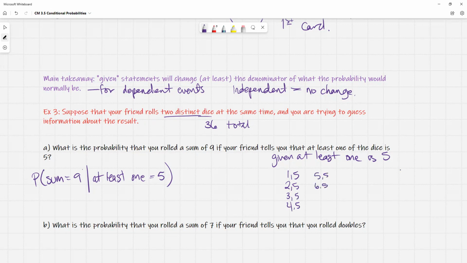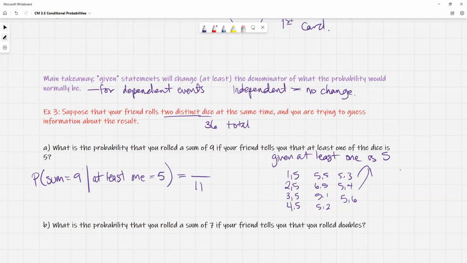And then we have the reverses of almost all of these: 5 and 1, 5 and 2, 5 and 3, 5 and 4, we don't have 5 and 5 again, and then 5 and 6. So I have 1, 2, 3, 4, 5, 6, 7, 8, 9, 10, 11. This changes my denominator to be 11, because these are the outcomes my given statement gives me.